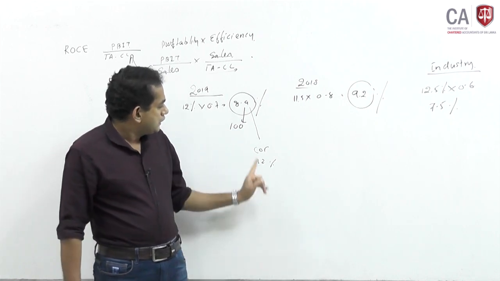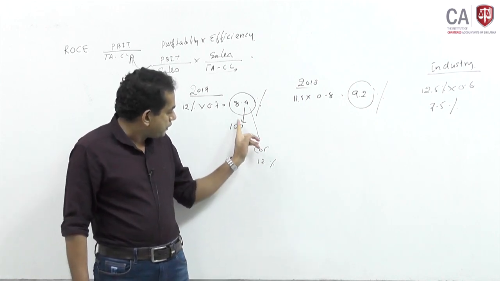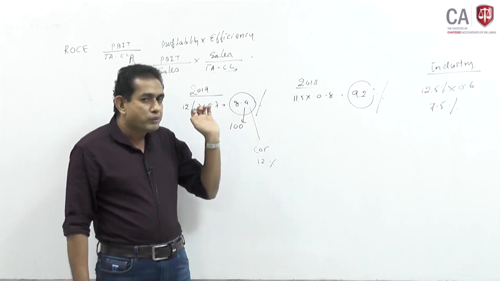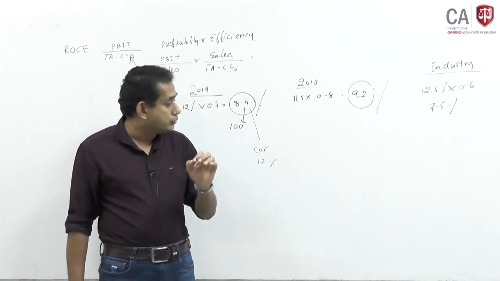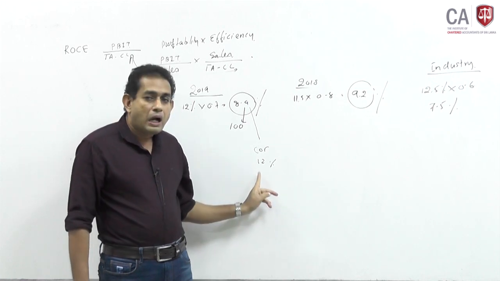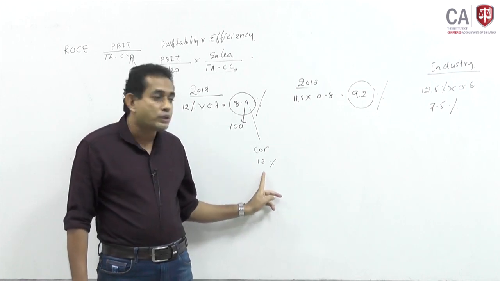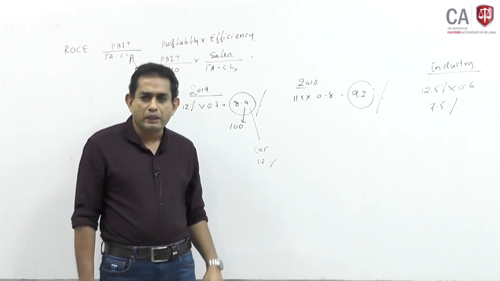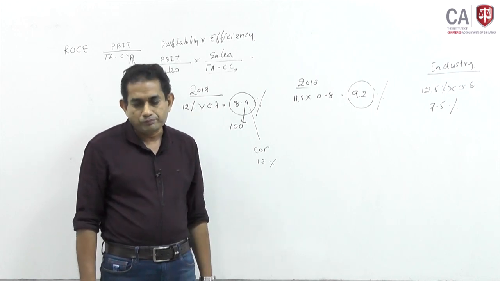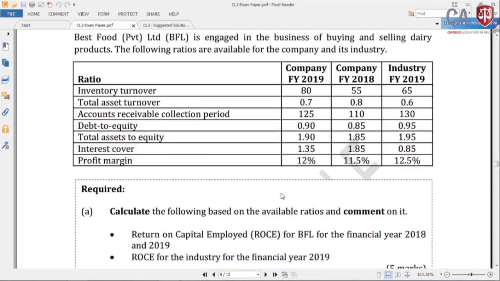Why? For every 100 rupees worth of capital, how much does your business earn for you? 8.4 rupees, but how much is your commitment to the bank? 12 rupees. Are you making profits? Nonsense. So this ROA is a very sound calculation, very strong calculation, and you can take a lot of decisions based on ROA.